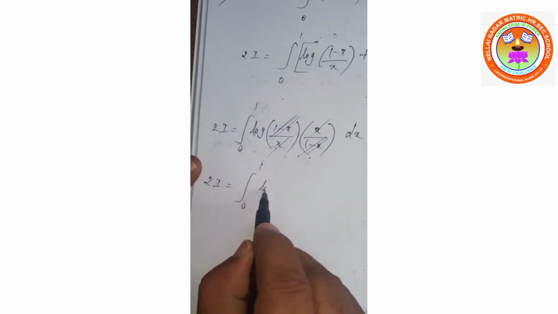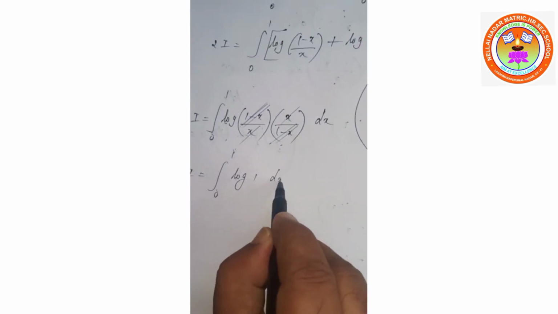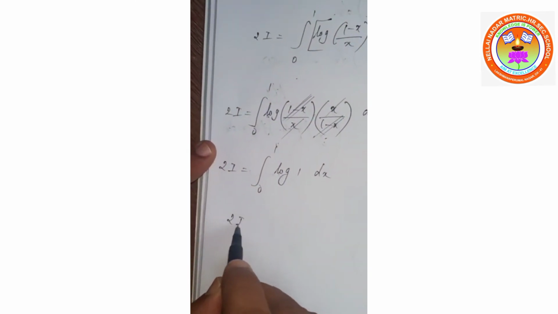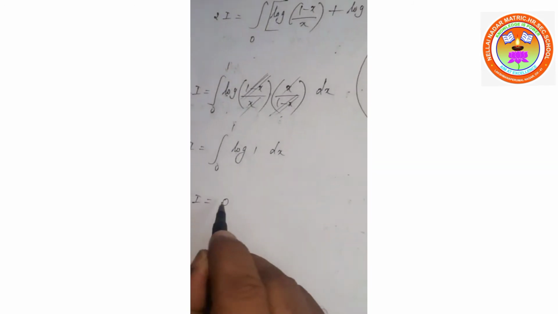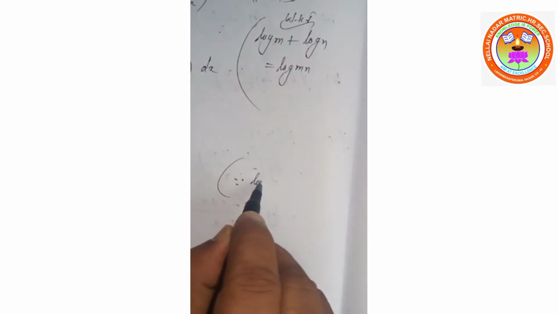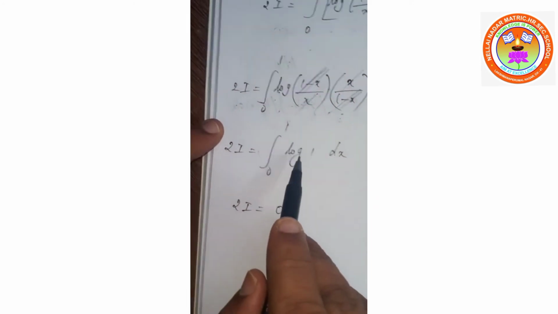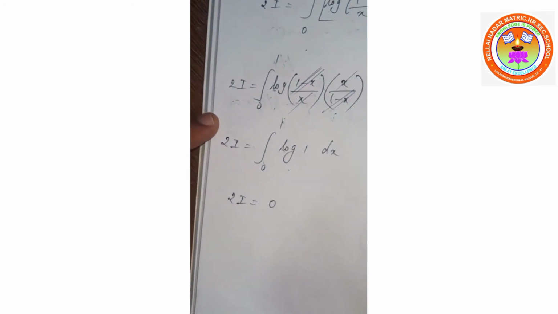Already you have log, so log 1 into dx. So 2I equals 0 because log 1 value is 0. Integration of 0 is 0 only.